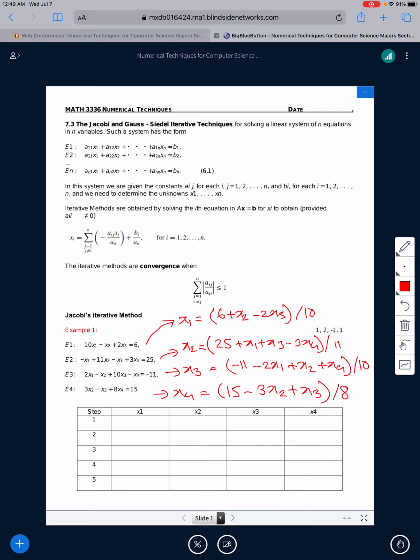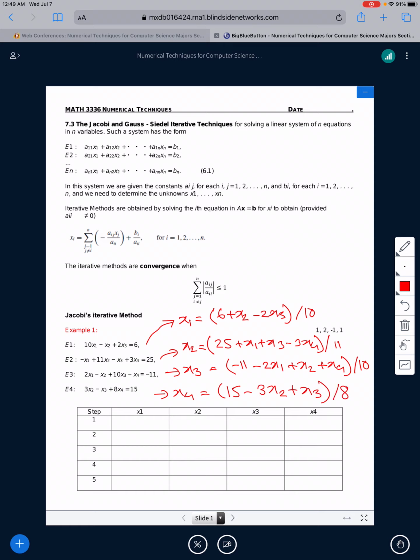Okay, now we are starting to calculate the solution using the iterative method. The first step is starting with all the values as 0. So we are assuming in the first step x1, x2, x3 and x4 are all 0, and using these values to calculate the second step.